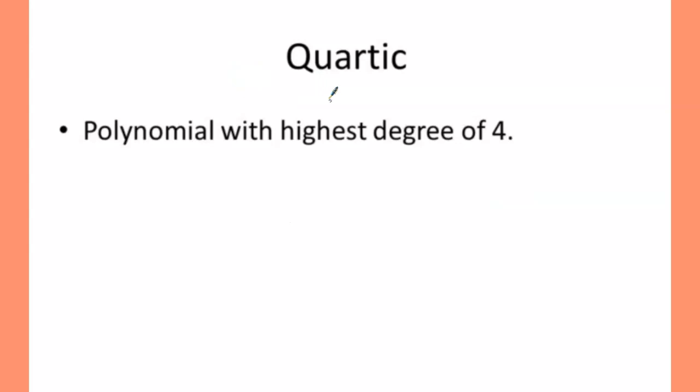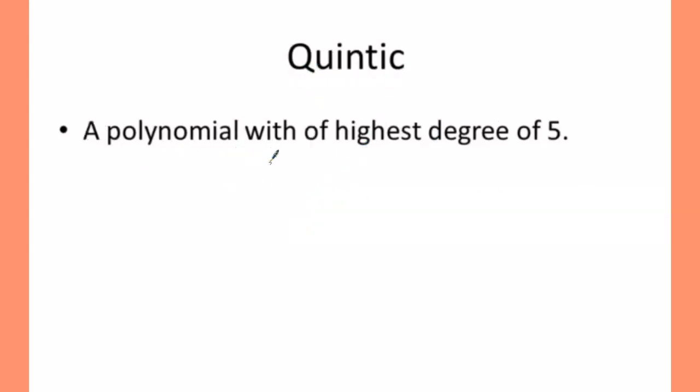In the same way, a quartic polynomial has a degree of 4. So if we have this one in it as the highest, then it will be called a quartic. The quintic polynomial has the highest degree of 5. So if we have 5 in it, it could be m or x, whichever variable I have been using.